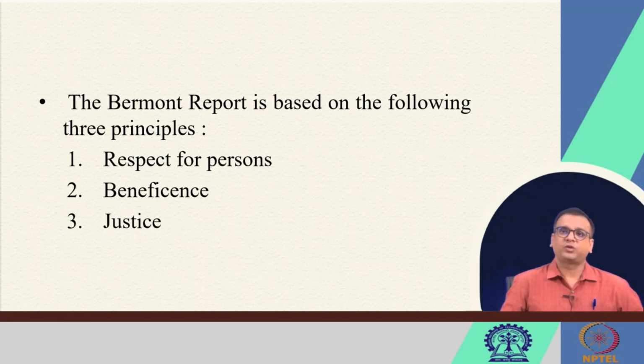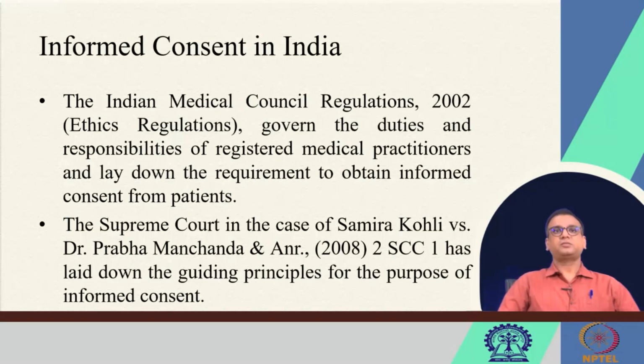Second, beneficence. All the benefits involved should be told to the person. Third is justice. Justice should be there for the particular participant involved. So, these are the main principles on which the Belmont report is based: respect, beneficence and justice.